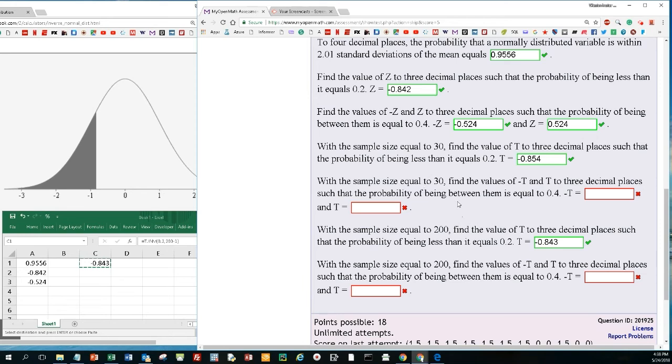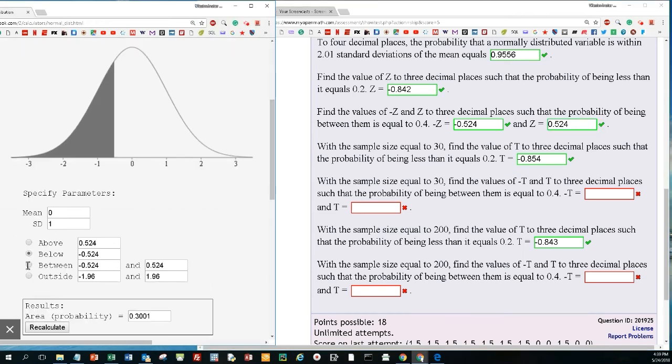Now, these two questions are very similar to this question. So these t values should be close to these. But down here, because the sample size is bigger, this t-value should be even closer to that, and this t-value should be even closer to that. So, again, we want to know what the minus t and the t are that give a probability of being between them equal to 0.4.